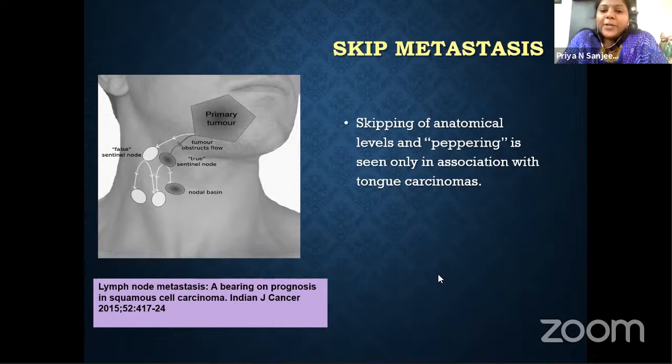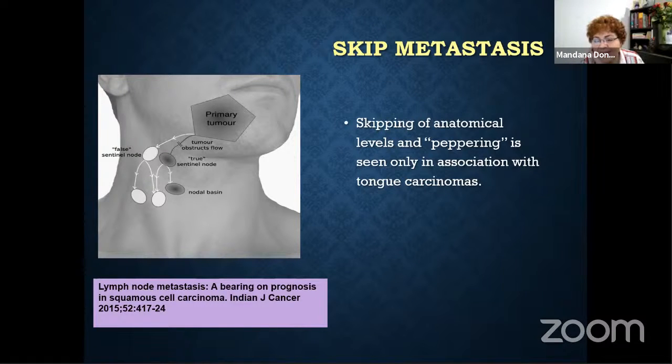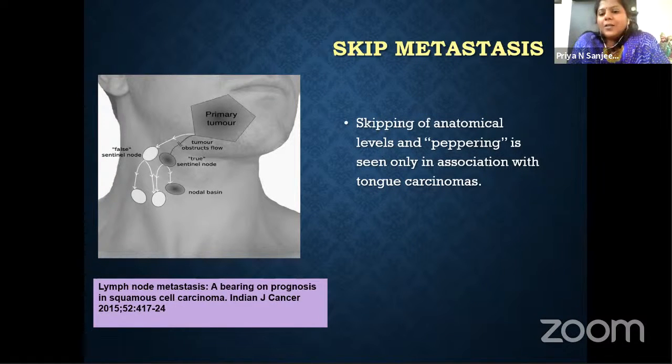Ma'am, differentiating between tuberculosis and necrotizing carcinoma. Sorry, what did I say? Tuberculosis combined with necrotizing metastatic carcinoma. Okay, so we have to look for the primary. If it is metastatic, if it is unknown primary, it becomes a problem.